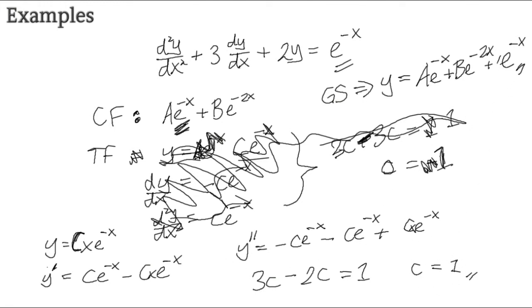Don't forget that x. So your y is over here, so you add your 1 x e to the -x as your particular integral, and that would give you the general solution.